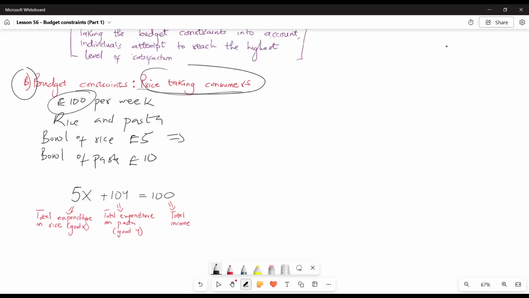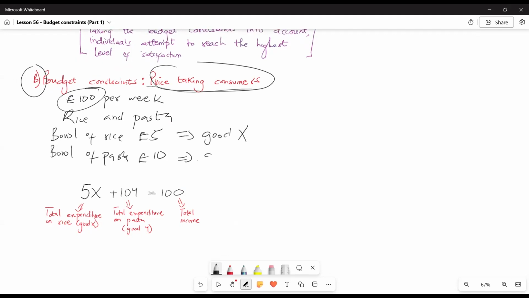So let's denote rice as good X and denote pasta as good Y. This is simply to make our analysis simple. Her total expenditure on rice will be the price of rice per bowl multiplied by the total quantity of rice she buys per week.